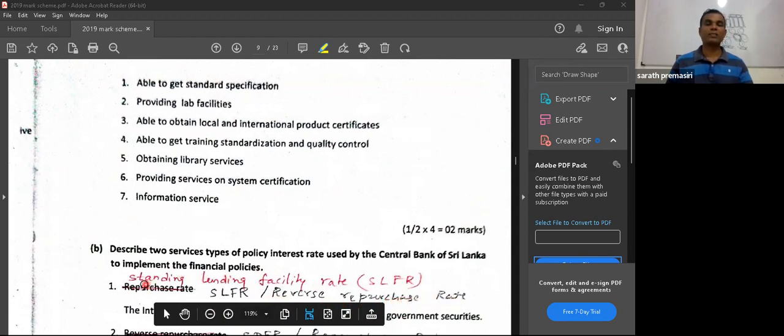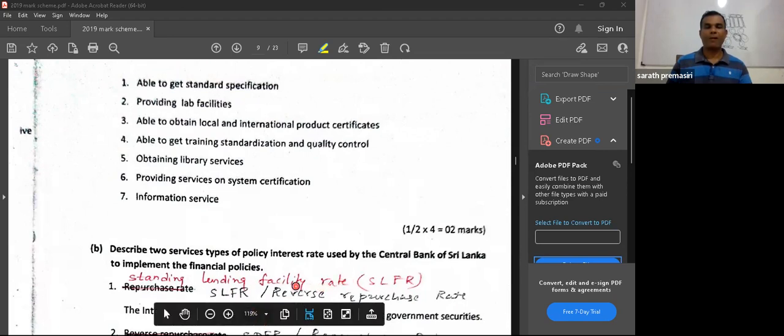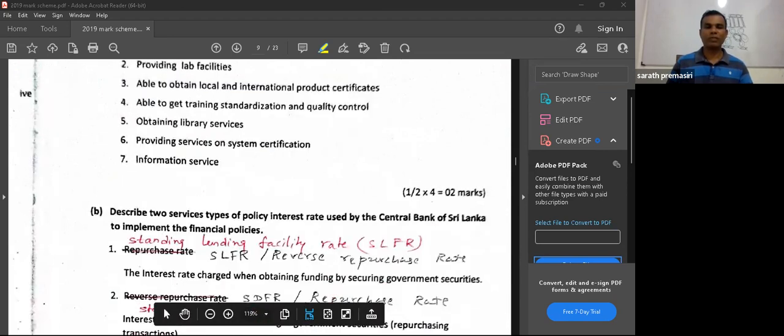Now it is treated as the standing lending facility rate. That explanation is also given: the interest rate charged when obtaining funding by securing government securities.